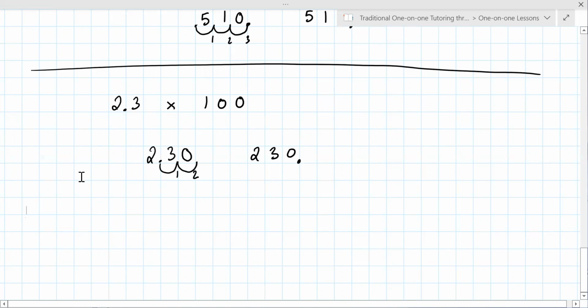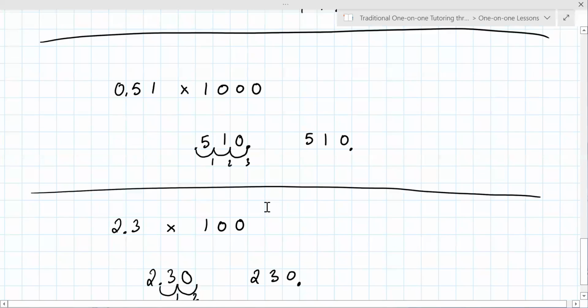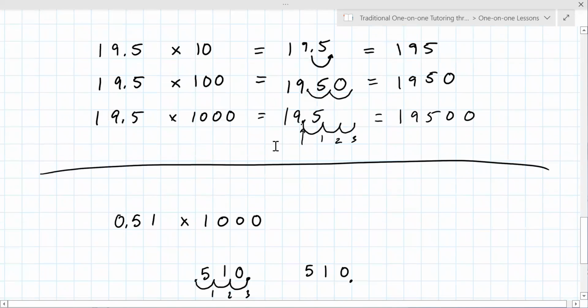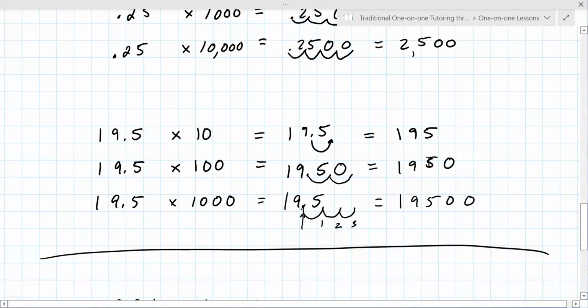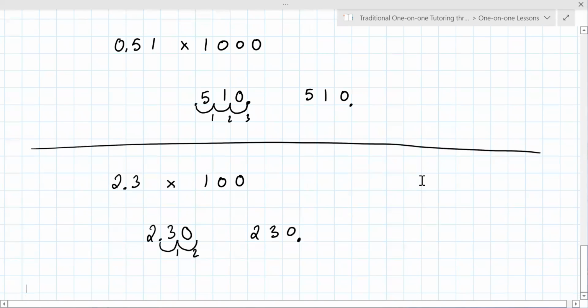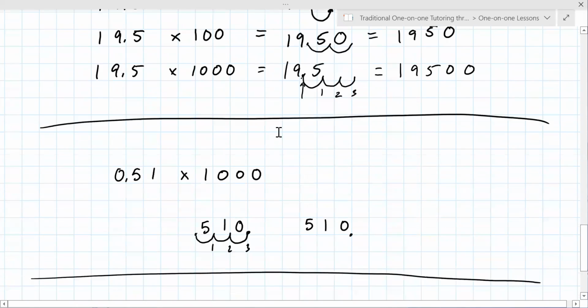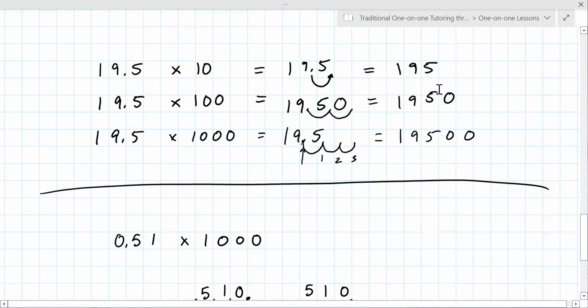You've got to move the decimal over, and you can do it wherever you want. Some of the problems I work to the right because I was trying to show you the pattern. Oh, okay.